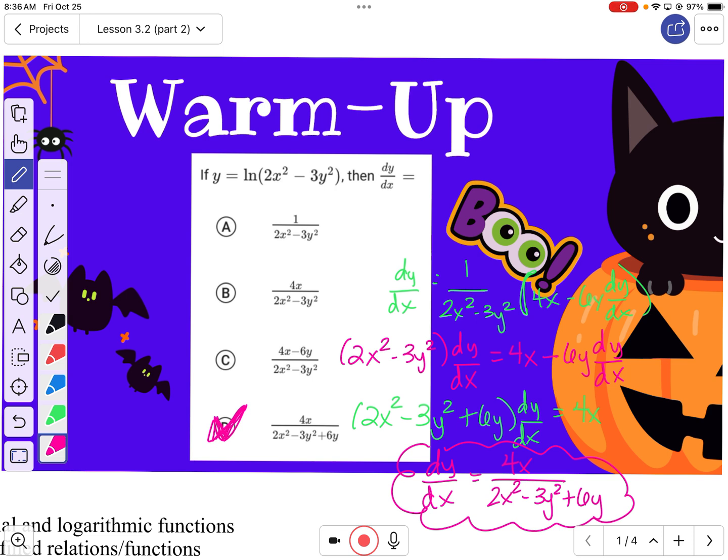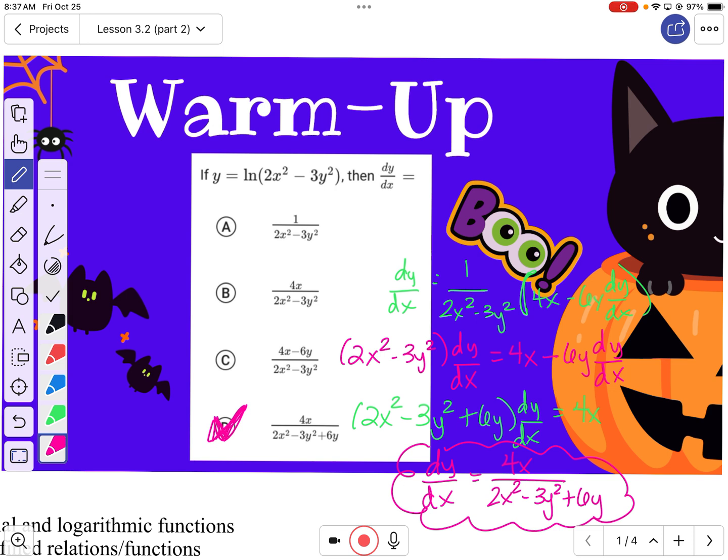Now we're trying to get dy/dx by itself, but there's all this other mess going on. So what I did first was multiply by 2x squared minus 3y squared. Seems like an unnecessary step, but it pulls it over there so that it's next to dy/dx.